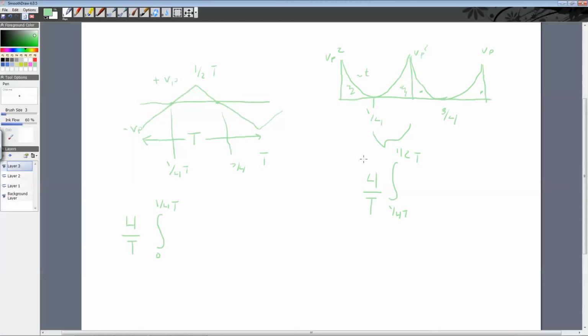So instead of 1/4 to 3/4, I'm just going to go from 0 to here and then use whatever that slope is. You find the slope from here, right? There's some m, right?